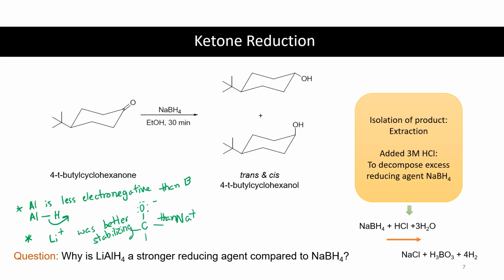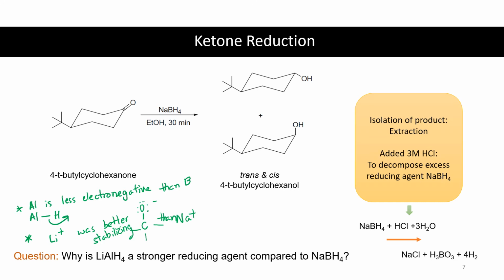And the other reason didn't really have to do with the reducing agent. It was really the structure of the carbonyl compounds. So if there is a carboxylic acid or ester or an amide, those kinds of structures have more resonance structures, therefore they are more stable.